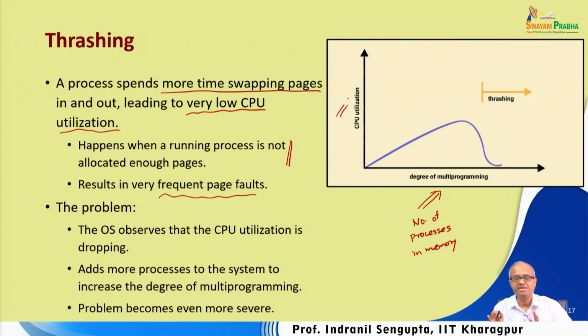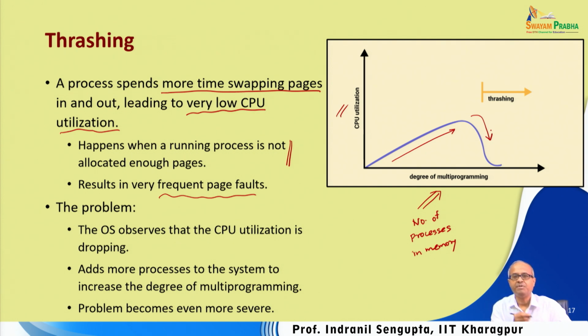See, normally we see initially when we increase number of processes, the CPU will always have some process to execute. Even if a process gets blocked, goes to the waiting state, some other process will always be there. So, CPU utilization will steadily increase. But beyond a point, as you can see, the utilization is sharply dropping.